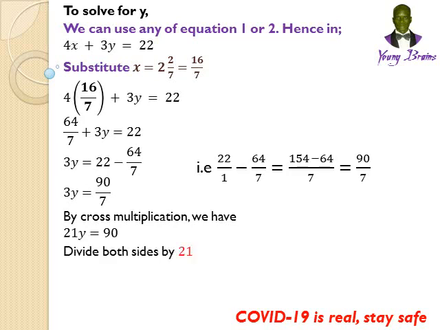So we divide both sides by 21 in order to get y. We now have 21y divided by 21 equals 90 divided by 21. The answer now gives us y equals 4 and 6 over 21.